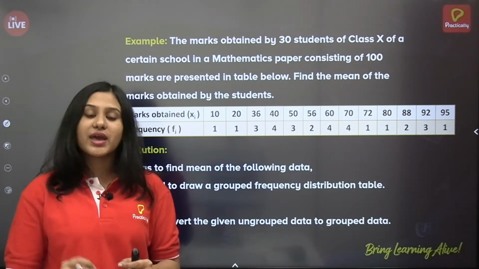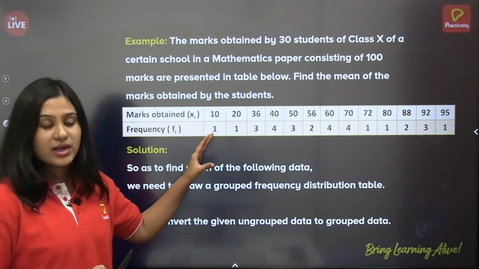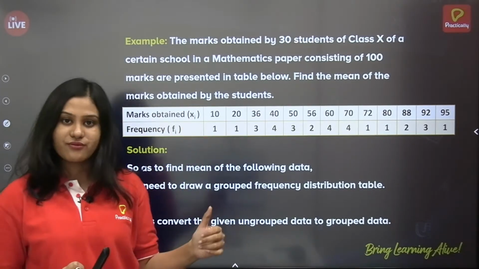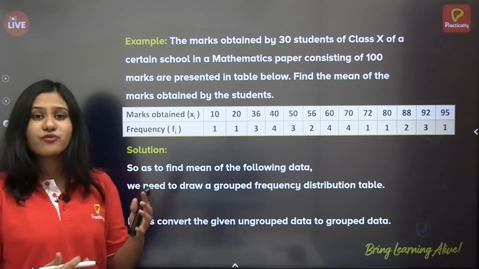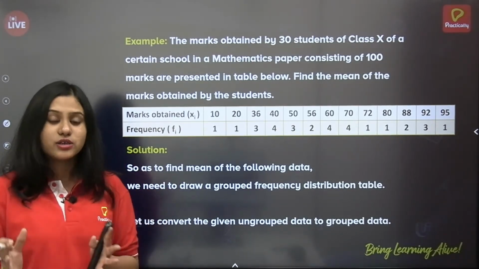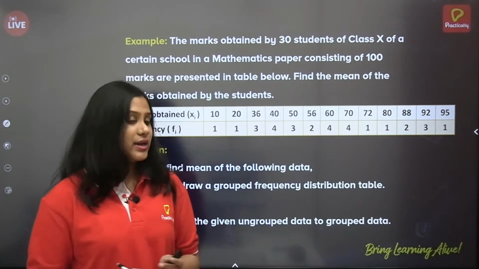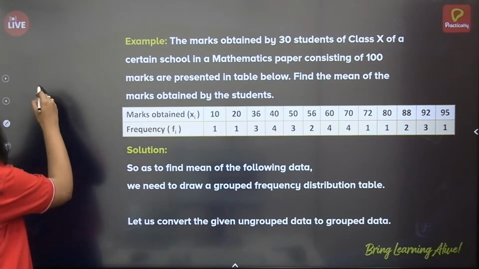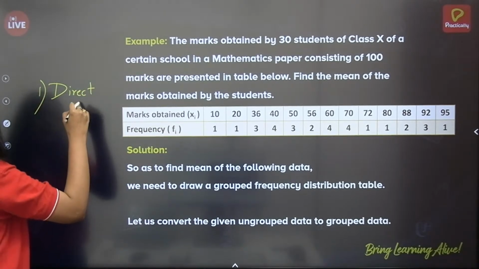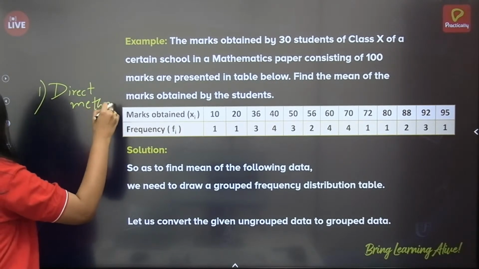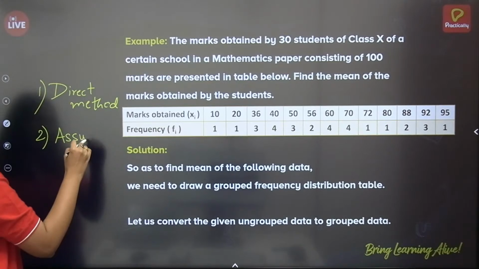It will be very tedious to find sigma fi xi by sigma fi, correct? So to reduce all these lengthy calculations, we have two methods to calculate mean. One is the direct method. Next is the assumed mean method.